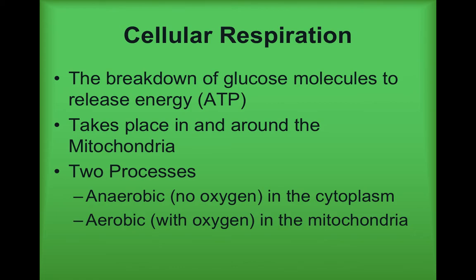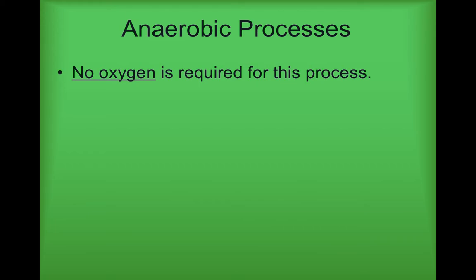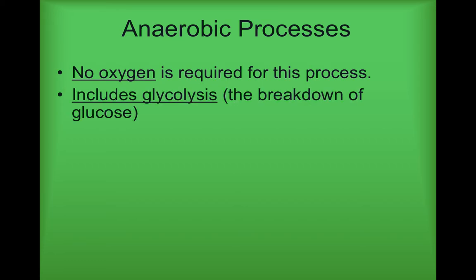So today, though, we're going to talk about anaerobic respiration, or anaerobic energy production. Like we said, anaerobic means no oxygen is required for this process at all. Main point there. It includes glycolysis. Energy, or ATP, is produced in different stages.